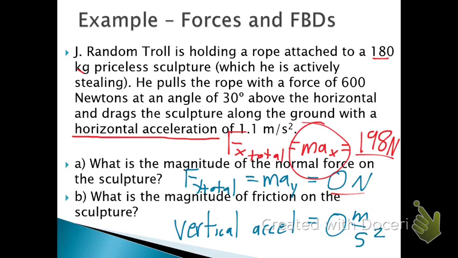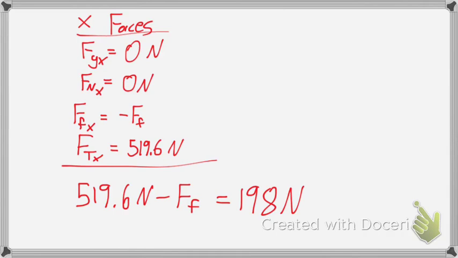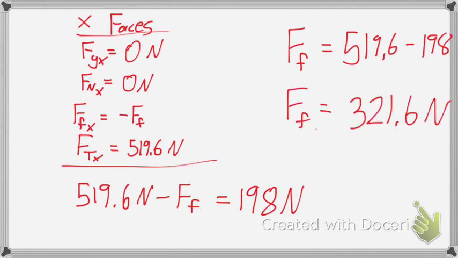So I can set the sum of each of my individual x forces equal to 198. Now I can just add the force of friction over to the other side, subtract the 198, and I end up with the force of friction being 519.6 minus 198. And that means friction is acting with a force of 321.6 newtons.